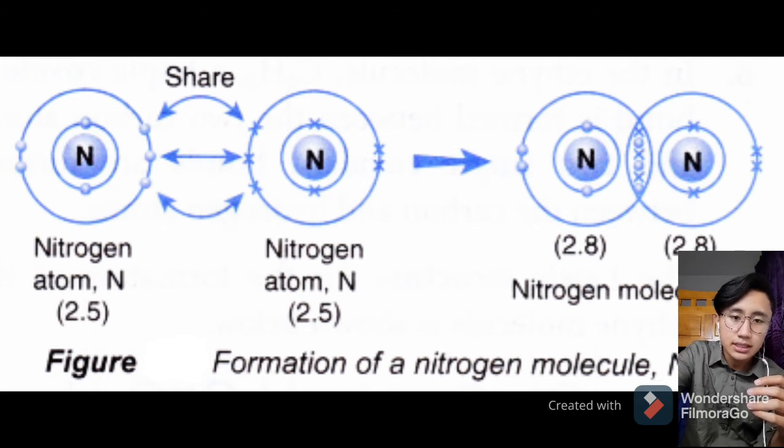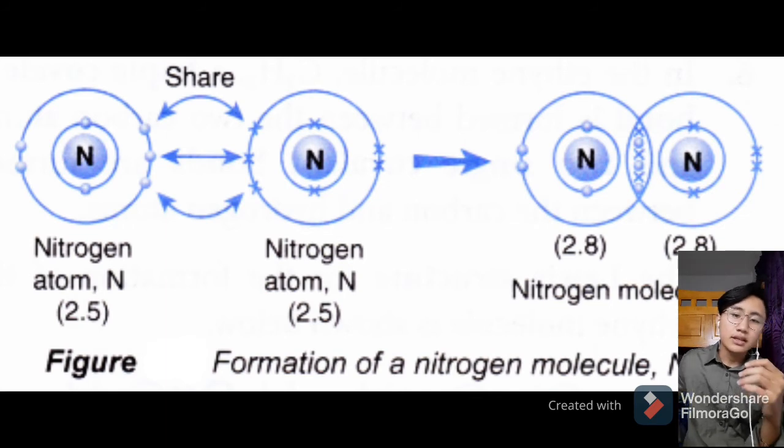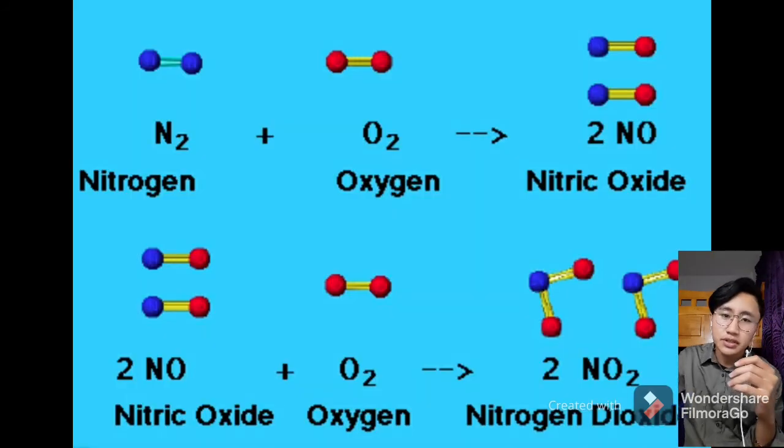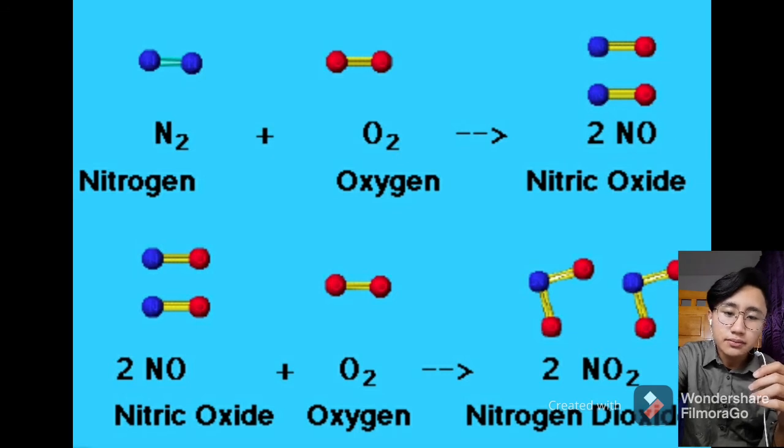We can see the diagram shown. Next, we have the formation of nitric acid. Nitrogen will react with oxygen to form nitric oxide, and when nitric oxide reacts with oxygen again, it will form nitrogen dioxide.